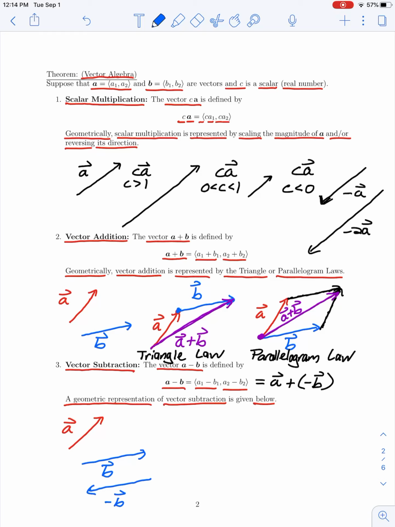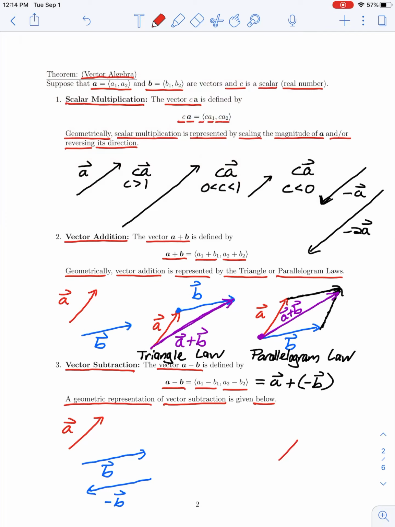And the difference, A minus B, can be thought of as the sum of A with negative B, which I can visualize using the triangle or the parallelogram law. Let me use the triangle law to illustrate here.